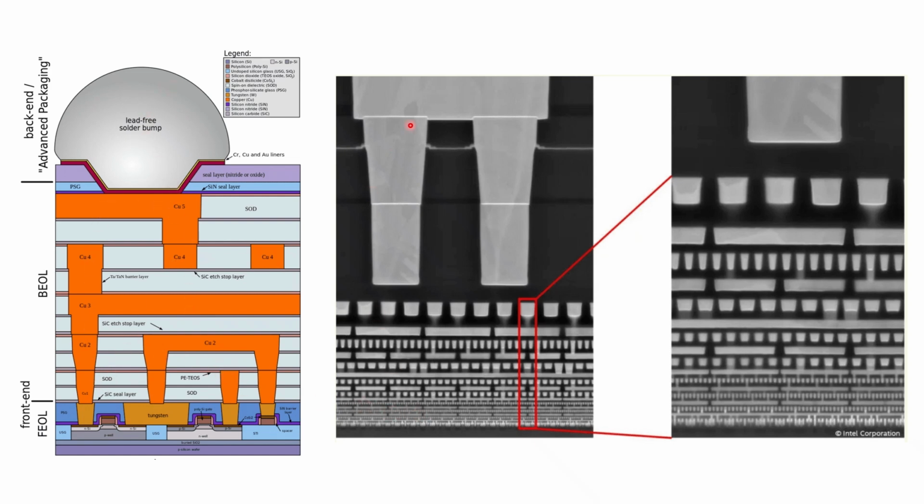And you can see a cross-sectional view of copper gates and with many, many layers of interconnects. And the silicon is only at the very bottom of this. This is the only layer where there is semiconductor material.